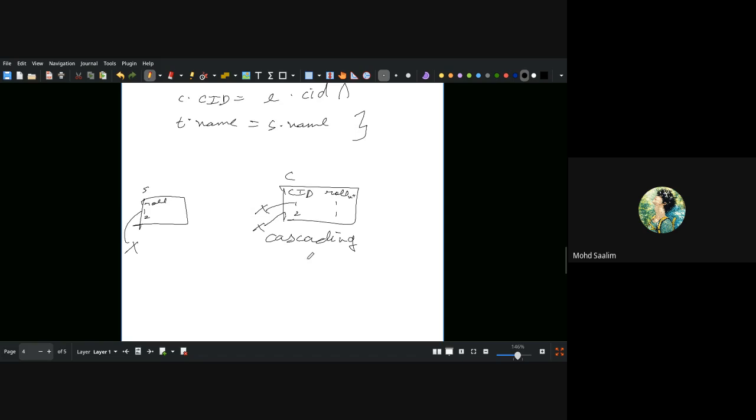It is just to protect our database from stale data. If we don't delete these rows, maybe it can be stale. We don't have a student, but we are storing some information regarding that roll number which doesn't exist in reality. So it is incorrect information which can cause some inconsistencies in the database. That is why cascading exists.